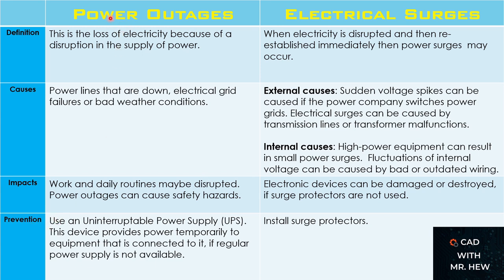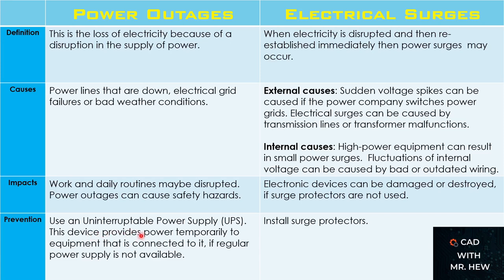Prevention. Let us see how we can prevent power outages. Well, put in strategies to deal with power outages, right? Since power outages would be an external event to the organization. Use an uninterruptible power supply, which is abbreviated UPS.